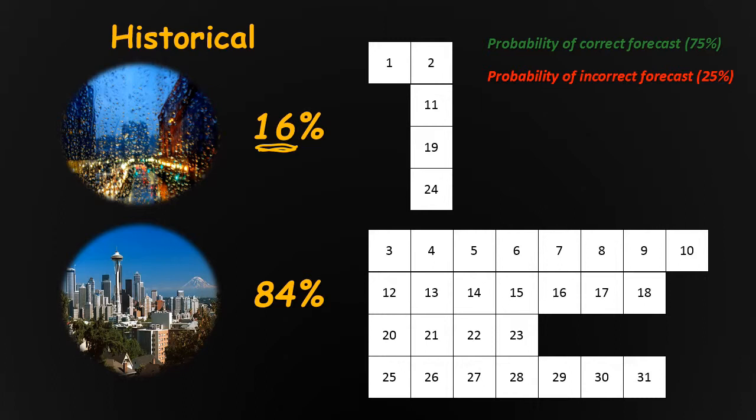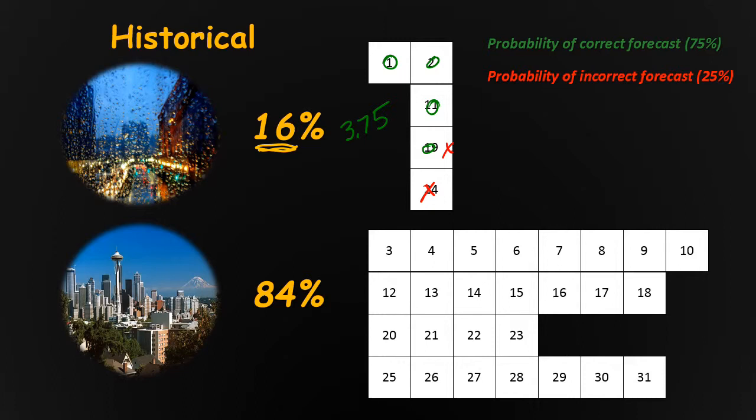On these days, a correct forecast is one of rain. This happens 75% of the time, or about 3.75 days. An incorrect forecast will predict shine, and this happens the other 1.25 days.